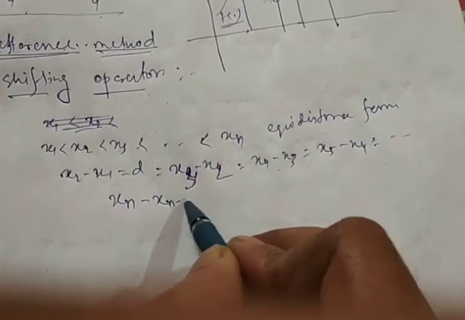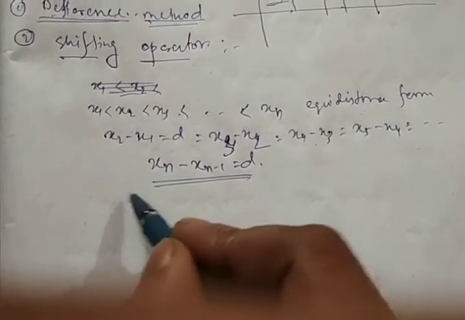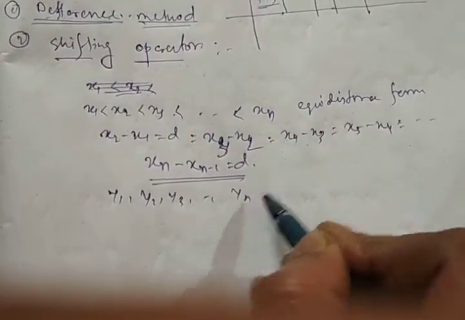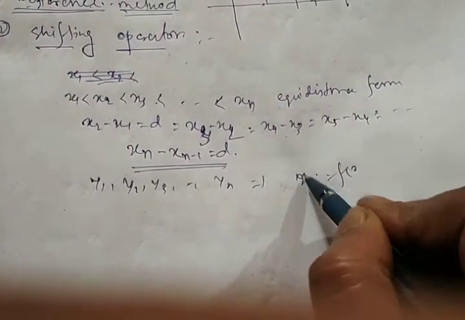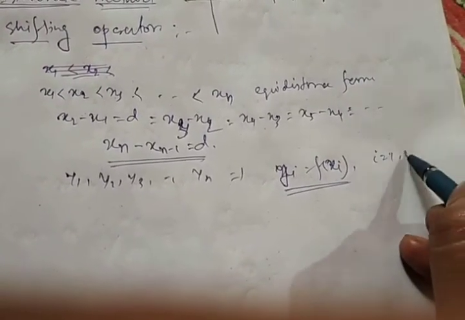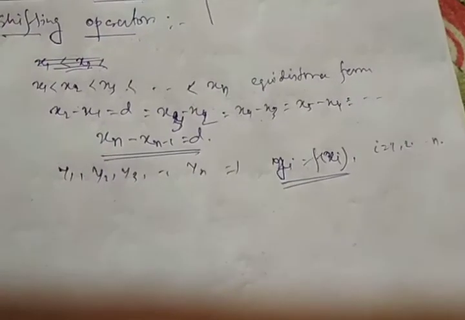In the general case, we can write xn minus x(n-1) equals d. The corresponding arguments are y1, y2, y3 up to yn. That implies yi equals f of xi, for i equals 1, 2 up to n. These are the given data for the equidistance case.